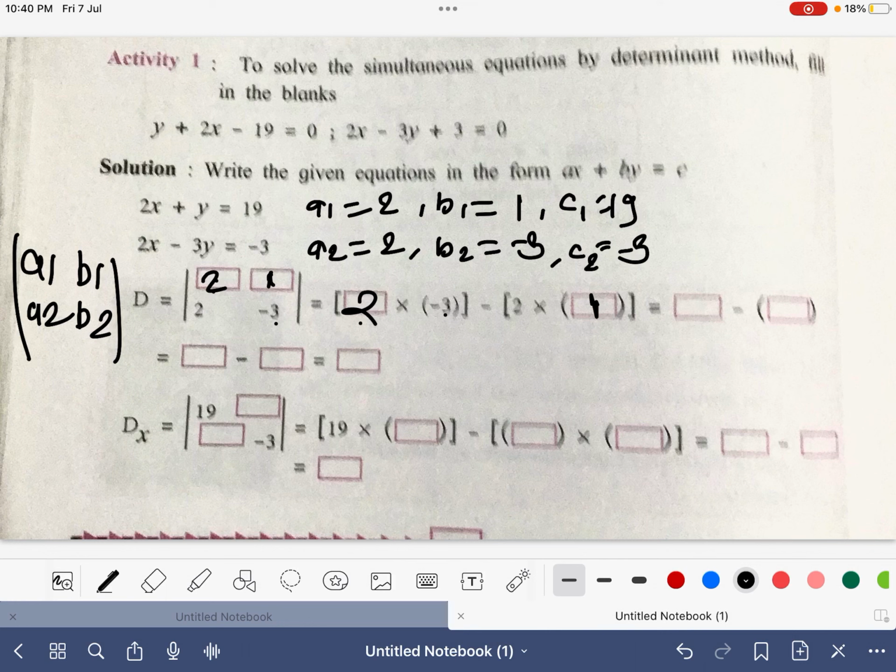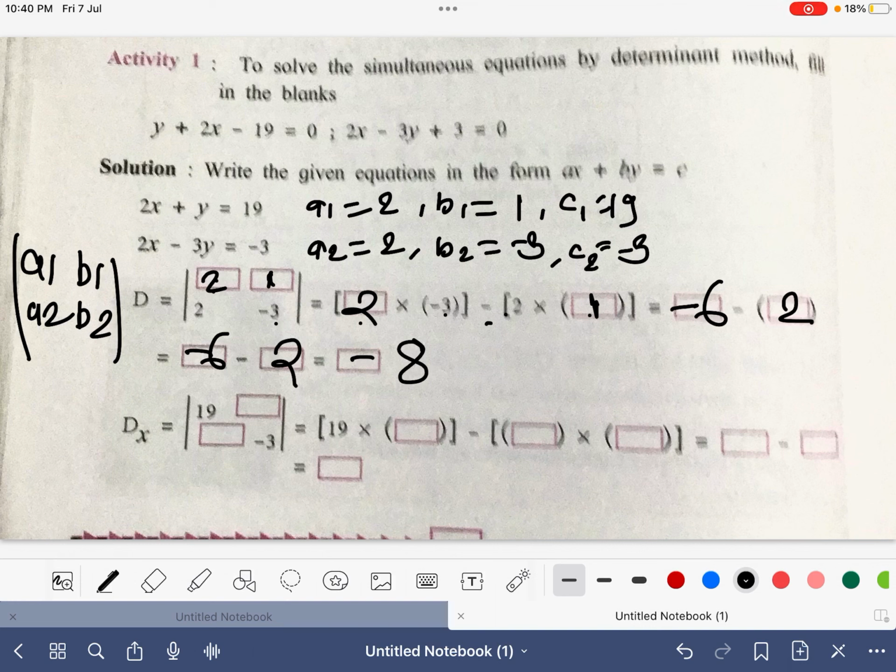So 2 threes are 6, and there is a minus sign, so the answer is minus 6. Now minus 2 ones are 2, so minus 6 minus 2. So write it, minus 6 minus of 2. So your answer is minus 8.